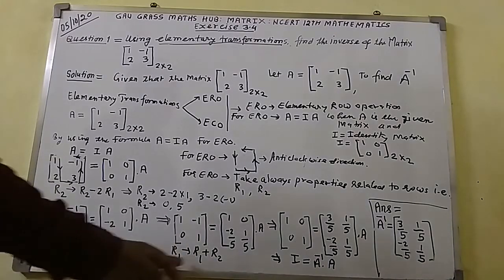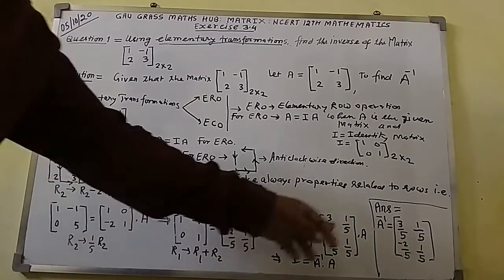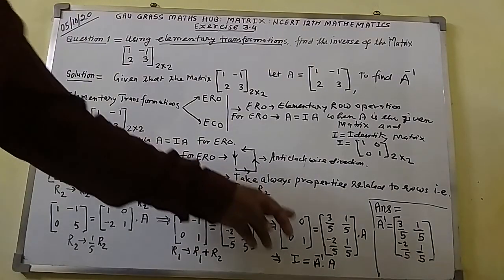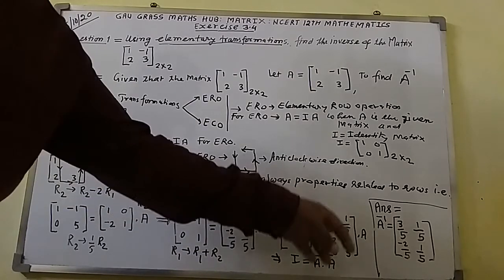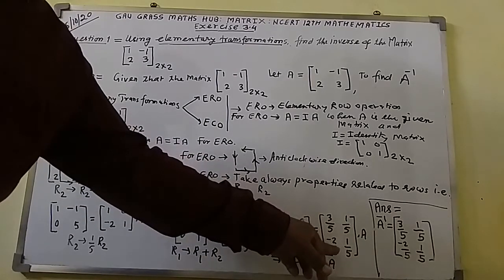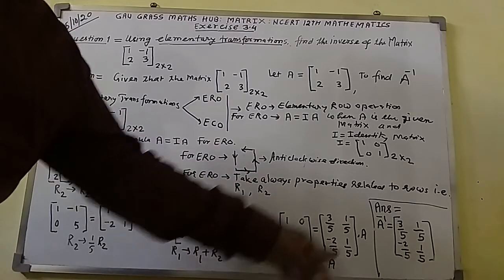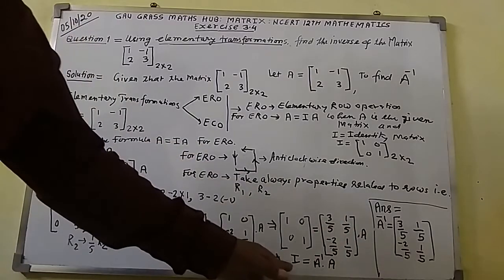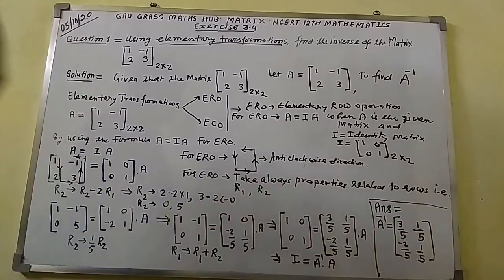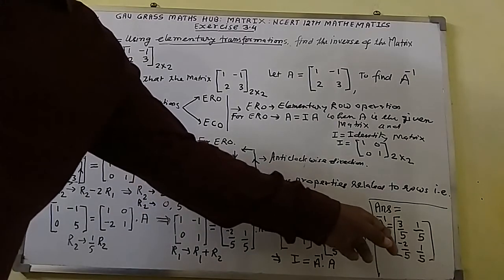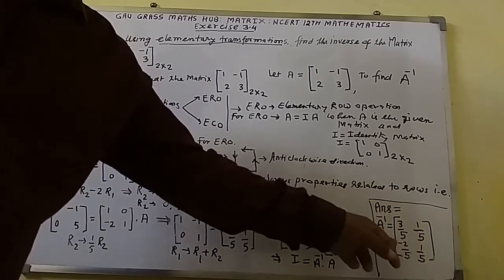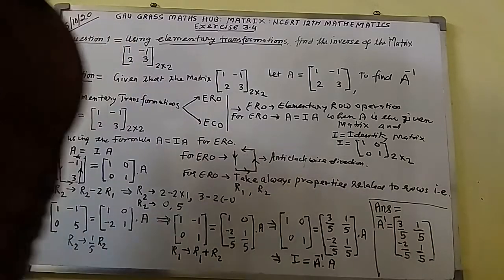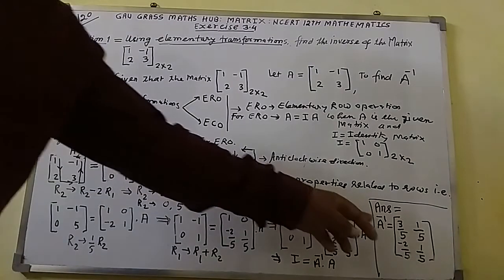By the help of this property you will get this one, dot A. So here this identity matrix capital I, which was earlier the identity matrix, has been converted into A inverse, and A is fixed here. I equal to A inverse dot A. The value of A inverse you will get here: A inverse equal to 3 over 5, 1 over 5, minus 2 over 5, 1 over 5. This is the answer you have got here.